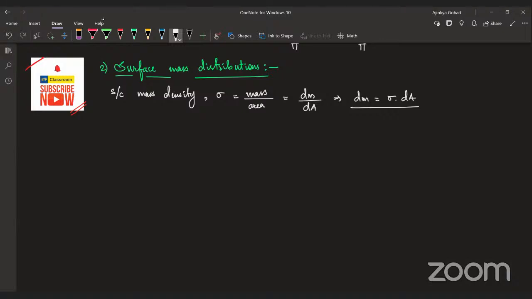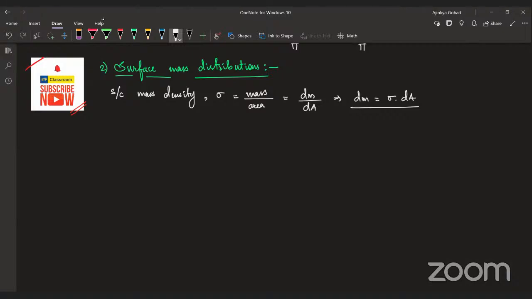So let's try and find the positions of center of mass for surface mass distribution. We have different surface mass distributions. We could have a triangular plate, a rectangular plate, or a disk, which is a circular plate.